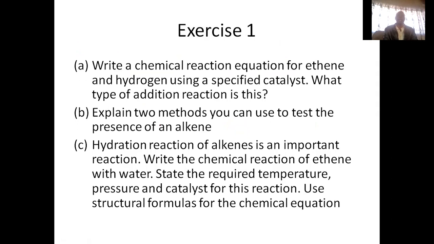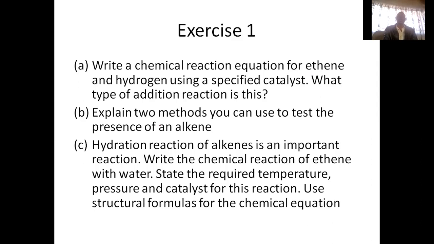Number B, explain 2 methods you can use to test the presence of an alkene. Number C, hydration reaction of alkene is an important reaction. Write the chemical reaction of ethene with water. State the required temperature, pressure, and catalyst for this reaction. Use the structural formulas for the chemical equation you are going to write.